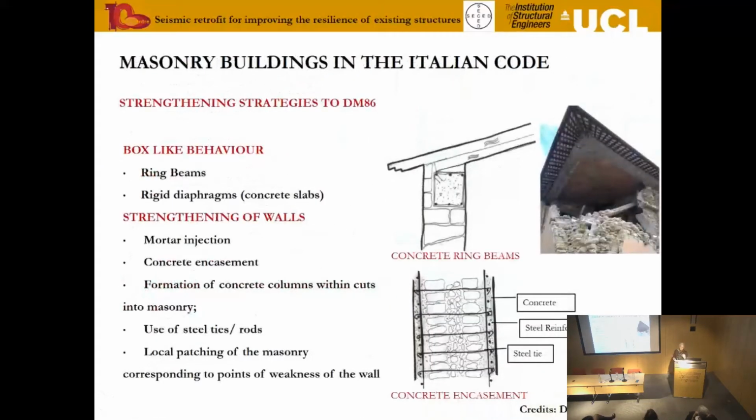So going back to what we can do, these are the sort of strengthening strategies included in an earlier code promulgated in 1986.